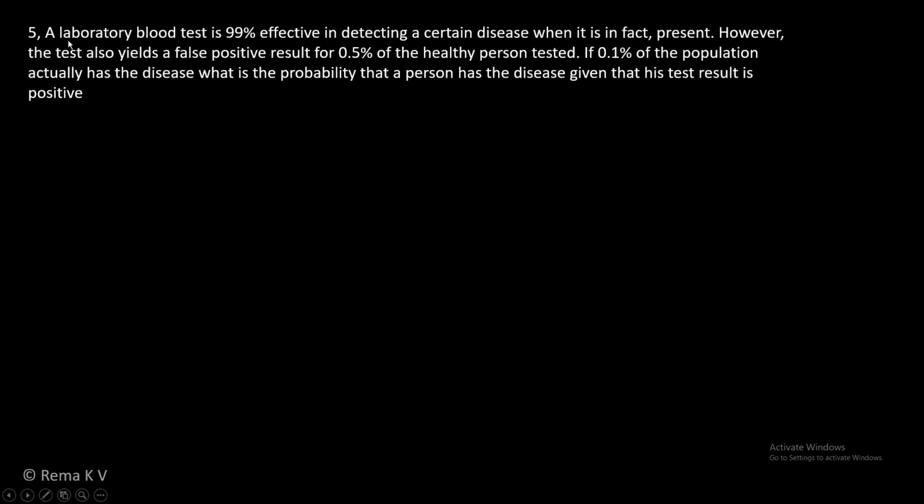Here is the question. A laboratory blood test is 99% effective in detecting a certain disease when it is in fact present. However, the test also yields a false positive result for 5% of the healthy persons tested.